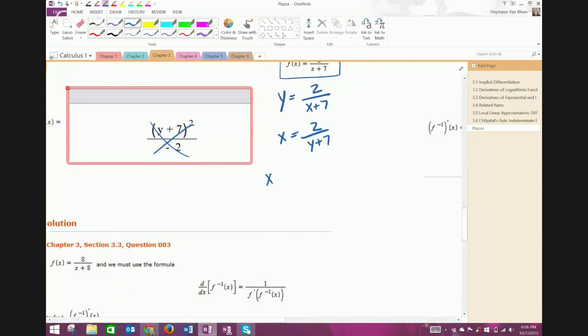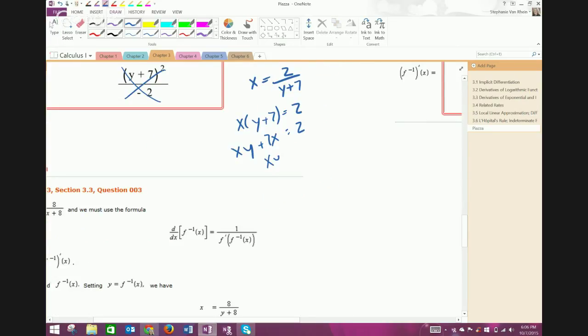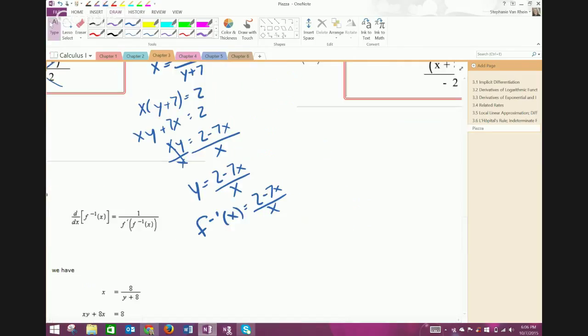So I have x times y plus 7 equals 2. xy plus 7x equals 2. xy equals 2 minus 7x. Divide through both sides by x, and I get 2 minus 7x over x. This is the inverse function. And of course, I could write that as 2 over x minus 7.